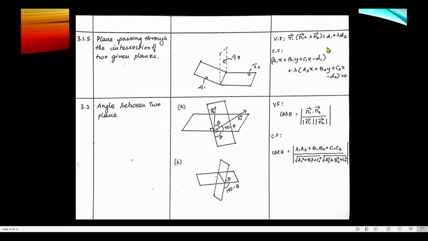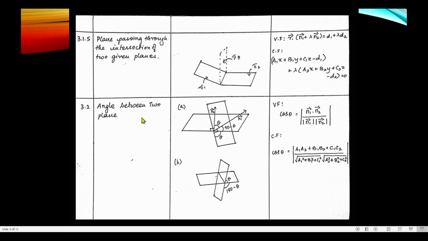Vector form of this equation is r vector dot n1 vector plus lambda n2 vector is equal to d1 plus lambda d2, and the Cartesian form is a1x plus b1y plus c1z minus d1 plus lambda into a2x plus b2y plus c2z minus d2 is equal to 0. Here n1 vector is equal to a1 i cap plus b1 j cap plus c1 k cap. n2 vector is equal to a2 i cap plus b2 j cap plus c2 k cap.